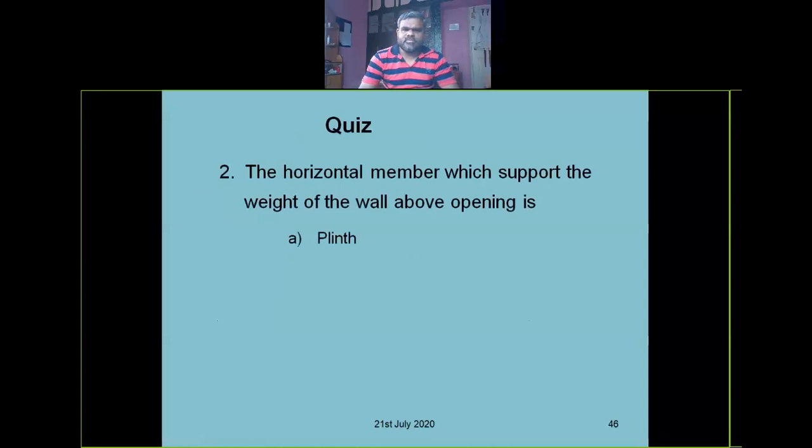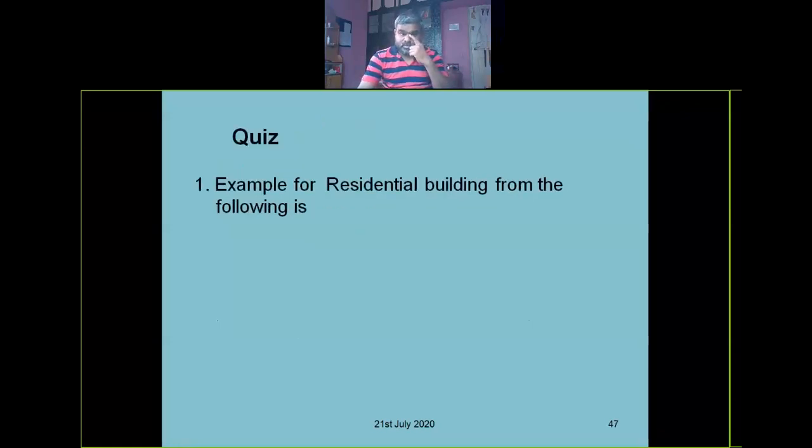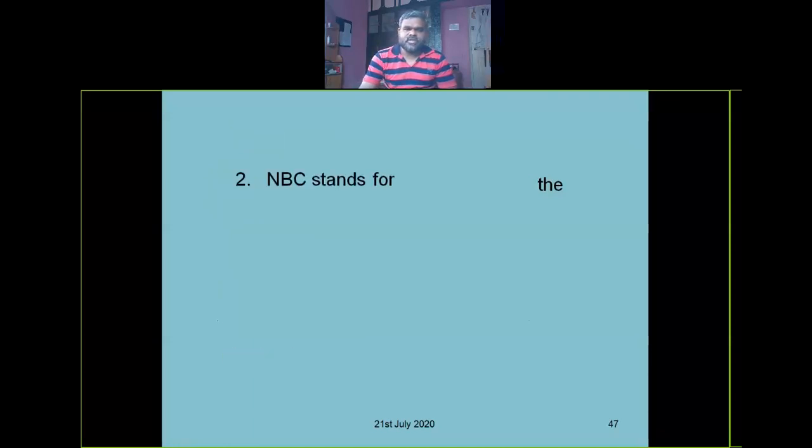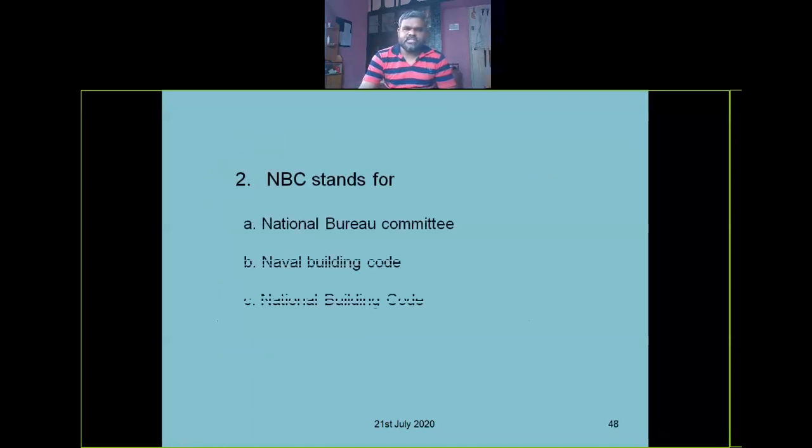The horizontal member which supports the weight of the wall above an opening is called a lintel. Residential buildings from the above: dormitory. NBC stands for National Building Code.